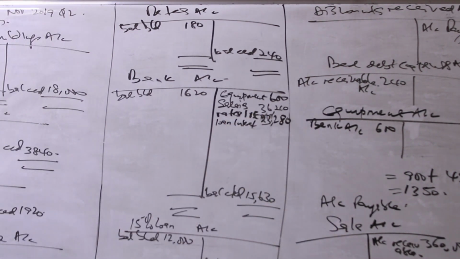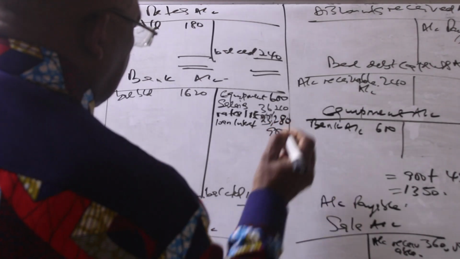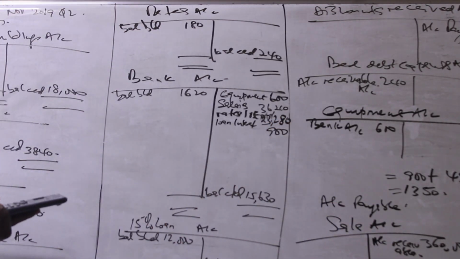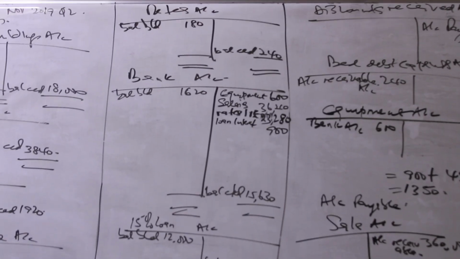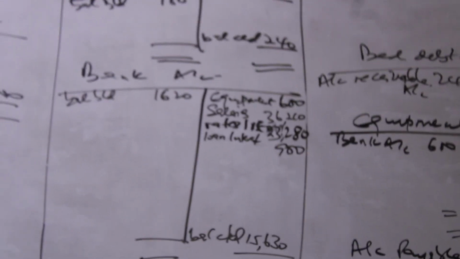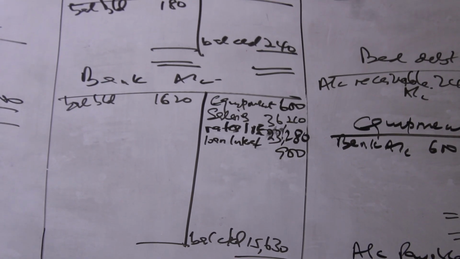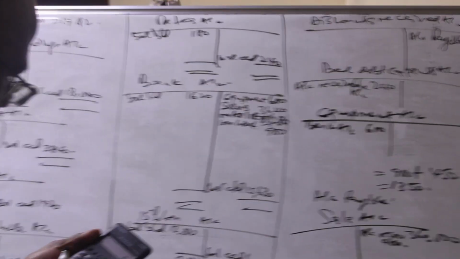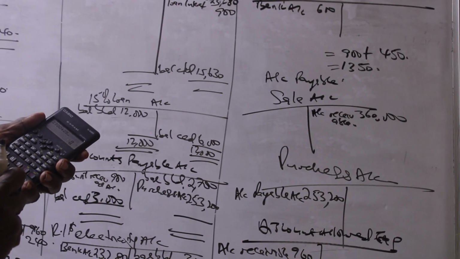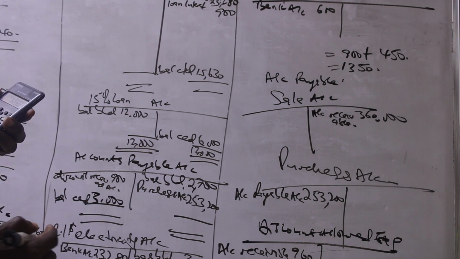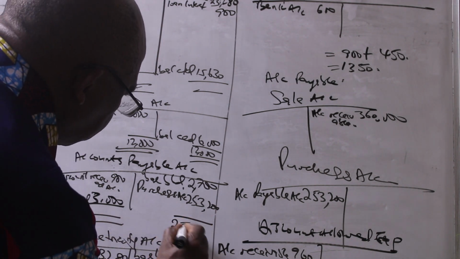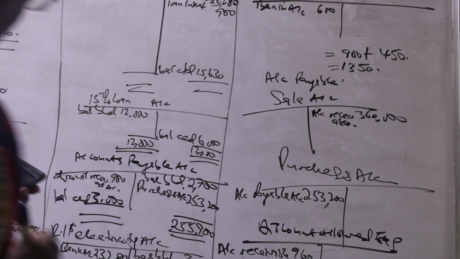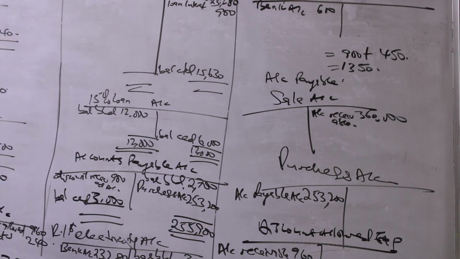By the way, sorry, in the bank we have said here we have paid loan interest of 900. Yes, that's true. So here we add up the accounts payable: 2,700 plus 253,200 gives 255,900, minus the discount of 900, minus the balance carried down of 3,000.